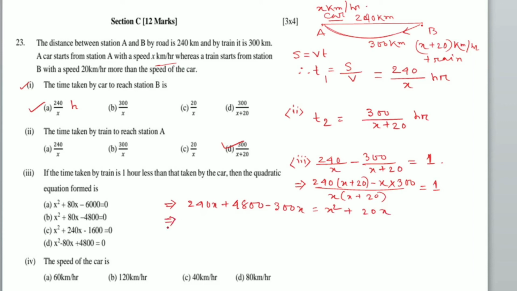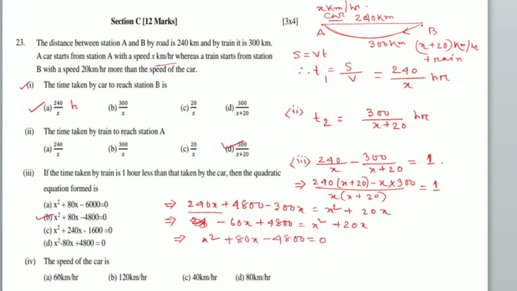Then it will be 240x minus 300x, which is minus 60x, plus 4800 is equal to x square plus 20x, and it can be written as x square. When minus 60x goes to the right hand side it will be plus, so plus 80x, minus 4800 is equal to 0. Okay, and this is the required equation. So option B is the right answer.